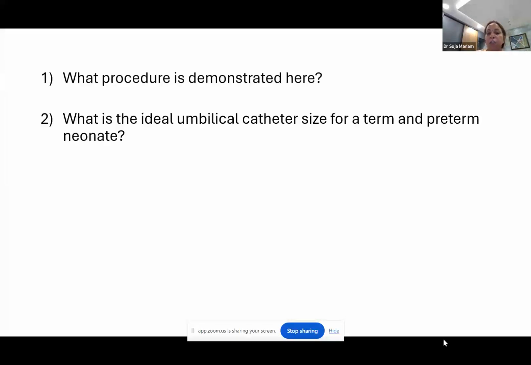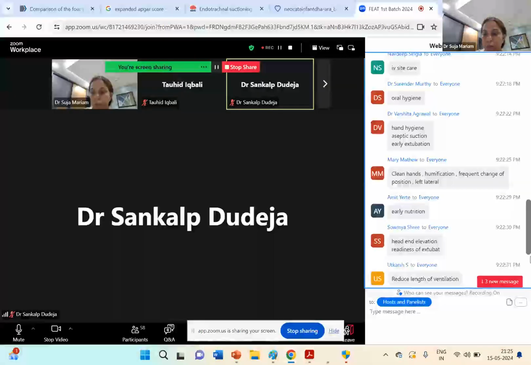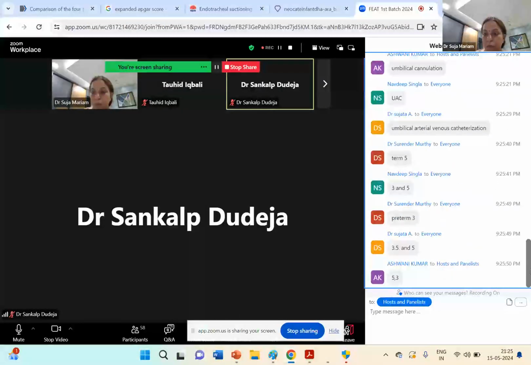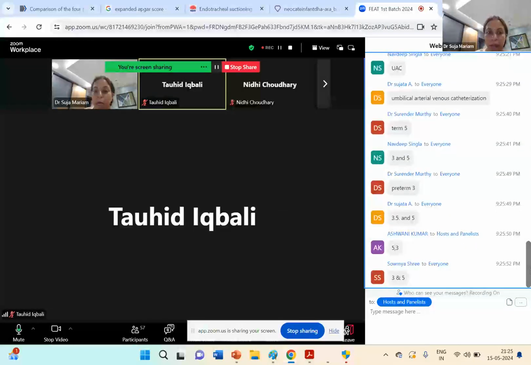The second question is, so if it is an umbilical catheter being inserted, I'm not telling you venous or arterial, what is the ideal umbilical catheter size for a term and preterm neonate or whatever weight cutoff that you have? How do you choose your umbilical catheter size? So somebody has given a number 3.5 and 5.